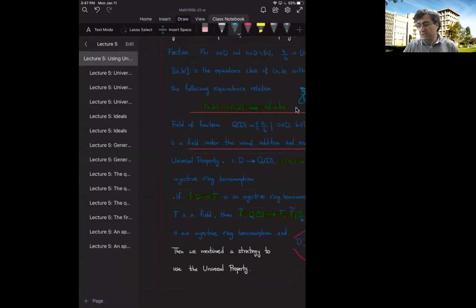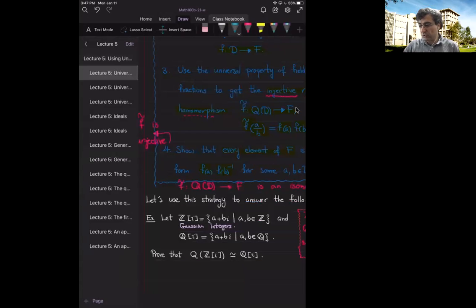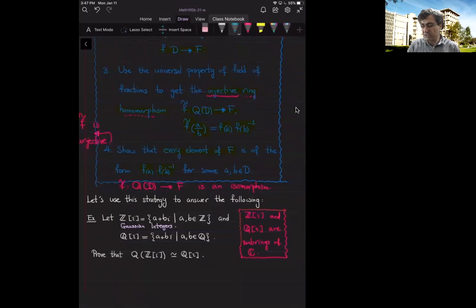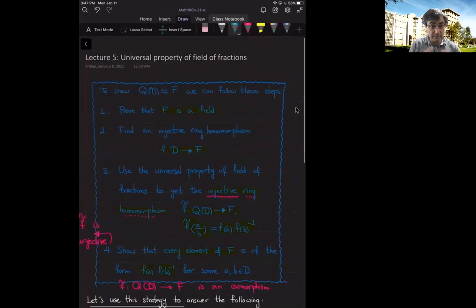At the end of the previous lecture, I also discussed this 4-step strategy of using the universal property of the field of fractions in order to show that the field of fractions of an integral domain D is isomorphic to a given ring F. And the steps are like this. The first step is to show that F is a field.